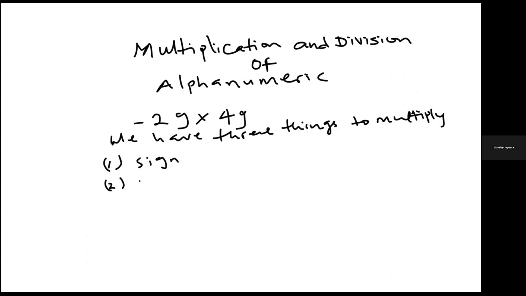And three, we have letter. These are the three things we want to multiply. So we're going to take them one after the other. So before we start, the first term has negative.